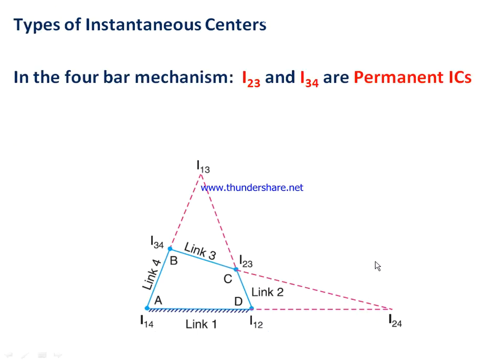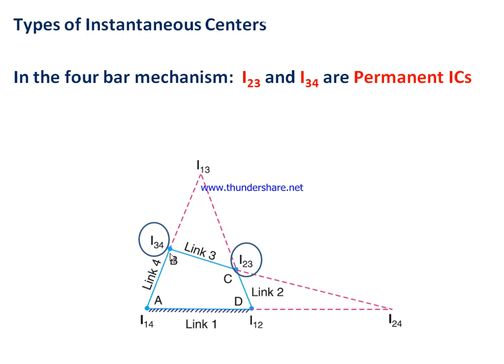Now in this case we have located just by inspection the permanent instantaneous centers. Those are I23 and I34. I34 represents the instantaneous center between link 3 and link 4, and I23 is nothing but the instantaneous center of rotation of link 3 with respect to link 2 or link 2 with respect to link 3.